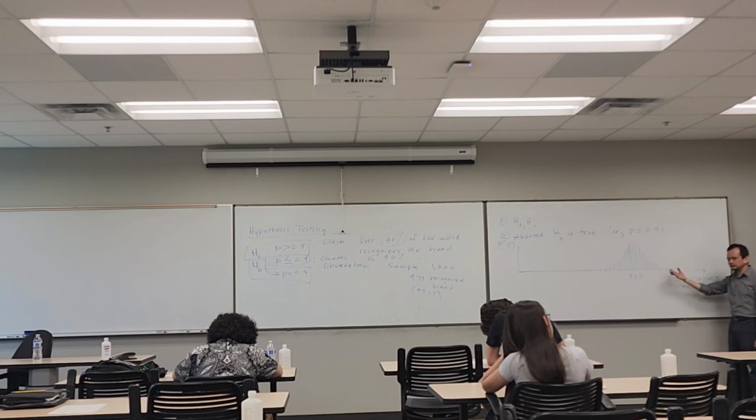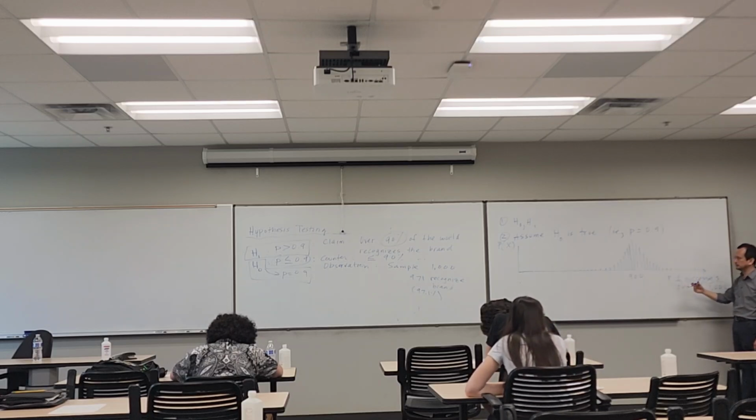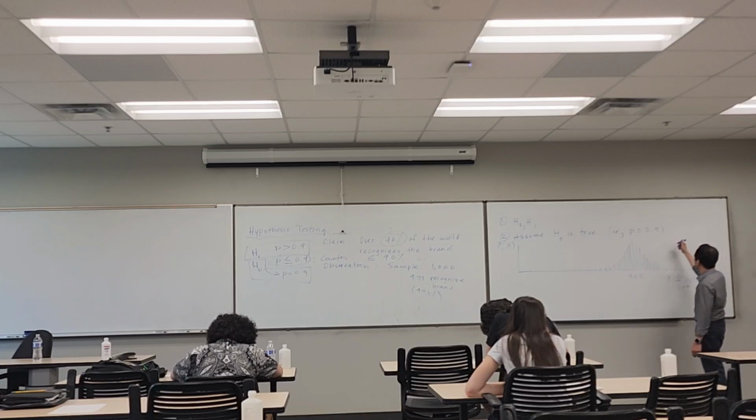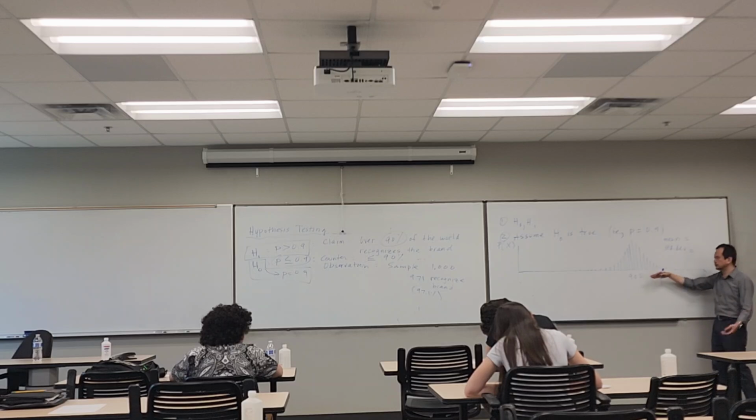So we have this distribution. We've talked about this type of distribution before. This is a binomial probability distribution. So if we were to identify the mean and standard deviation of this distribution, what would that be? 900. Yeah, the mean is n times p, which in this case is also 900.